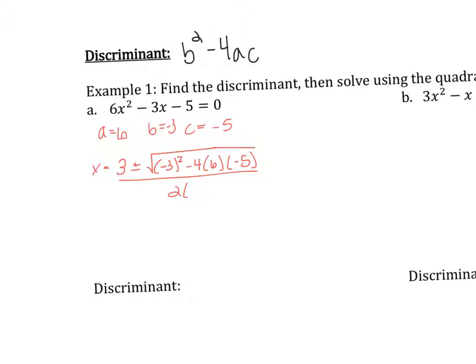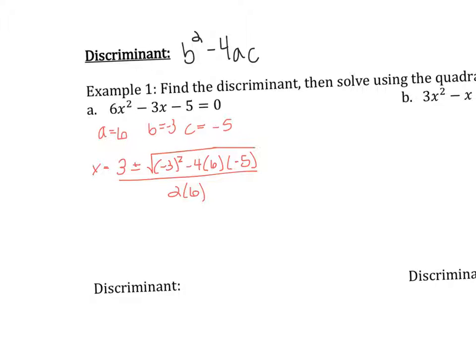Oh, and I should have actually put what a was there instead of the letter, so 2 times 6. Okay, so I just plugged everything into this equation using parentheses everywhere I saw an a, b, or c, except for in that initial number right here, and I just went ahead and made it the opposite of b.